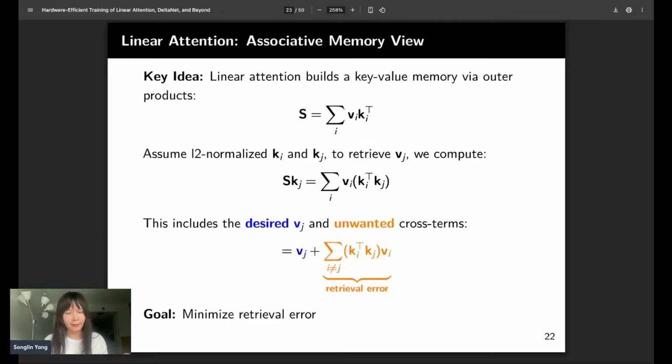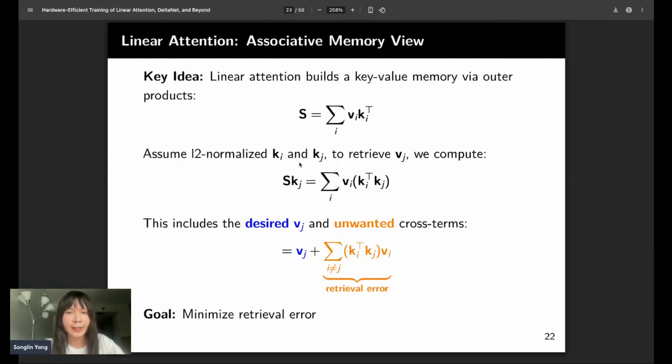So first, we can analyze why linear attention performs poorly in in-context recall. Like we said before, linear attention could be regarded as an associative memory, encoding the key-value association pairs using this outer product structure. This is very correlated to the classical associative memory.